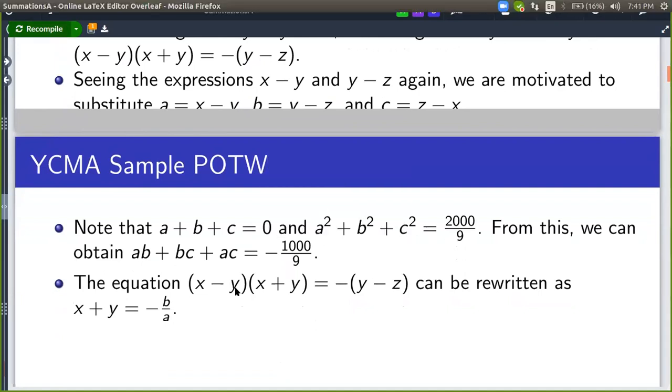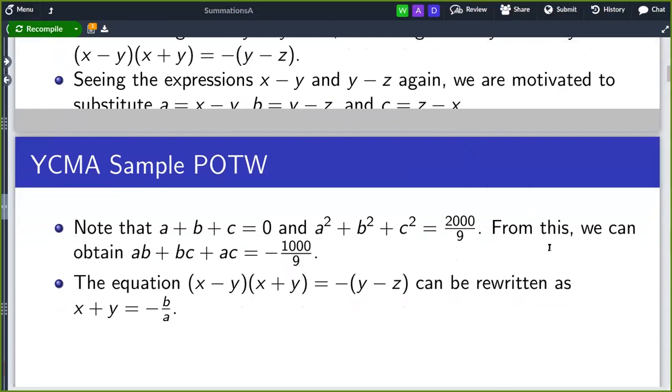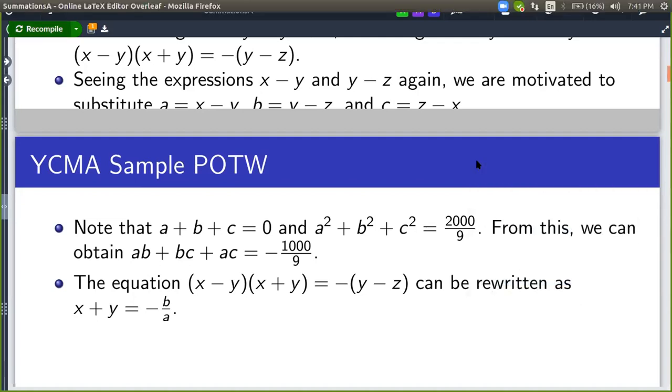Yeah, Kevin said to try substituting c for negative a minus b, and we could try that, but our immediate concern is to get rid of x plus y and write that in terms of a, b, and c.